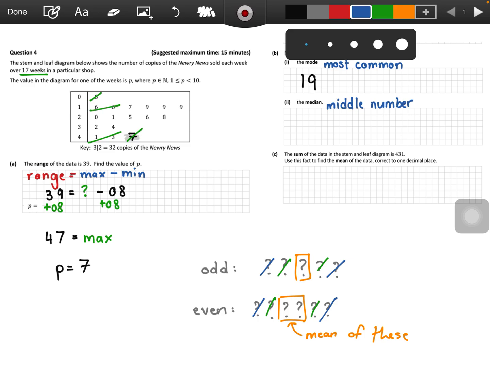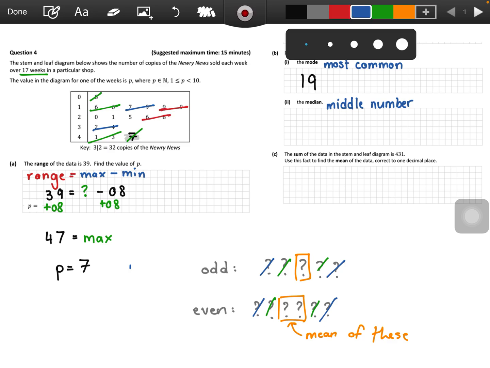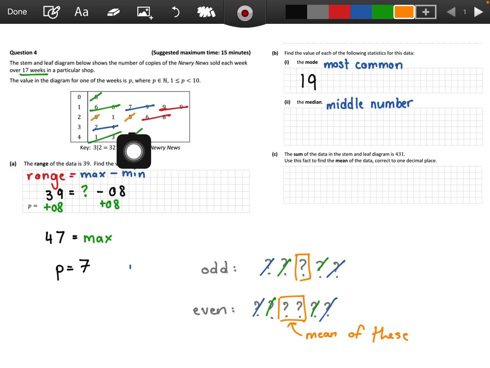We said we can change colours every now and again so that we don't get confused about whether we have crossed off the first and last, then the first and last. These are now my first and these are my last. Then I might switch back down to crossing off one at a time, so that I'm left with the number 21. So the number 21 is my median there.